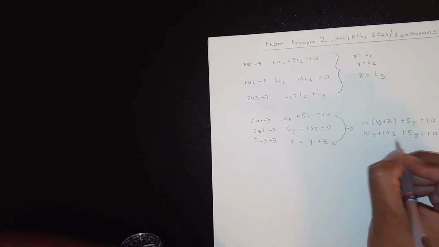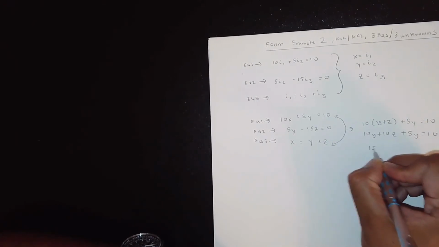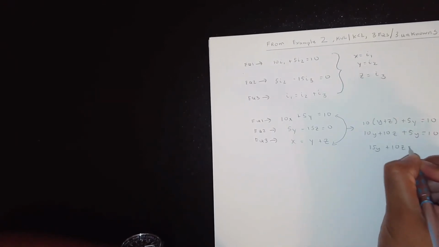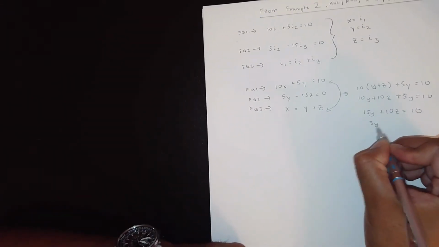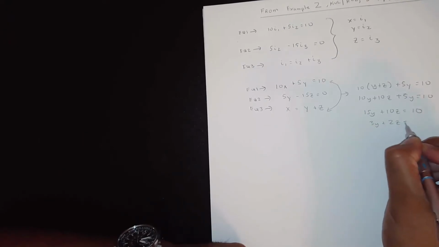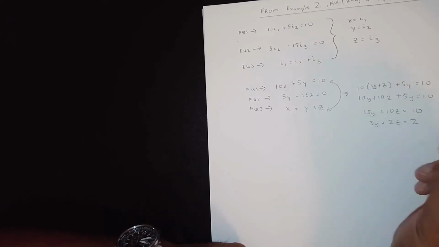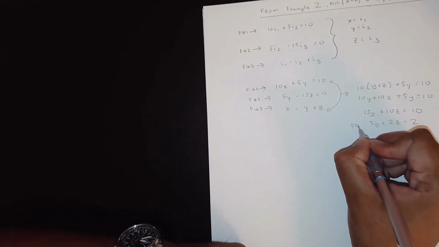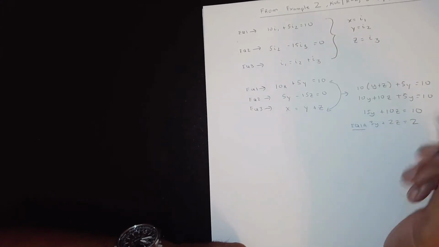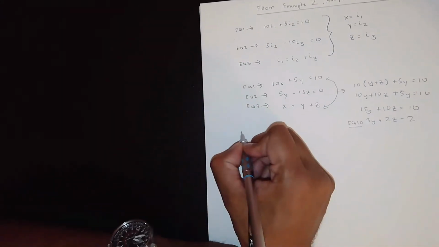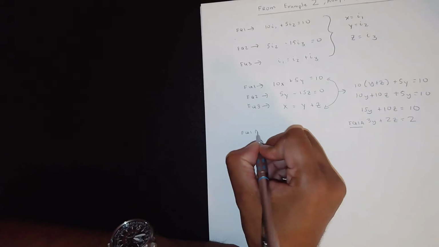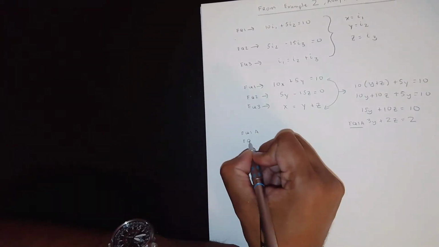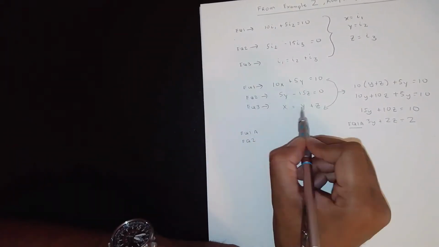So you have 5 plus 10 is 15y plus 10z is equal to 10. So what we have now is 3y plus 2z is equal to 2. Let's call this equation 1a. That makes things easier. So now you have equation 1a, and then you have equation 2, because we eliminated this.